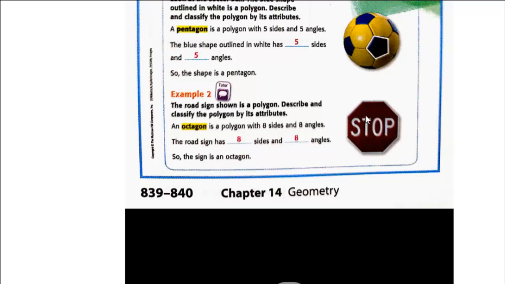Let's count how many angles here. 1, 2, 3, 4, 5, 6, 7, 8. 8 angles. The polygon that has 8 sides and 8 angles is known as an octagon. So an octagon is a polygon with 8 sides and 8 angles. The road sign has 8 sides and 8 angles.